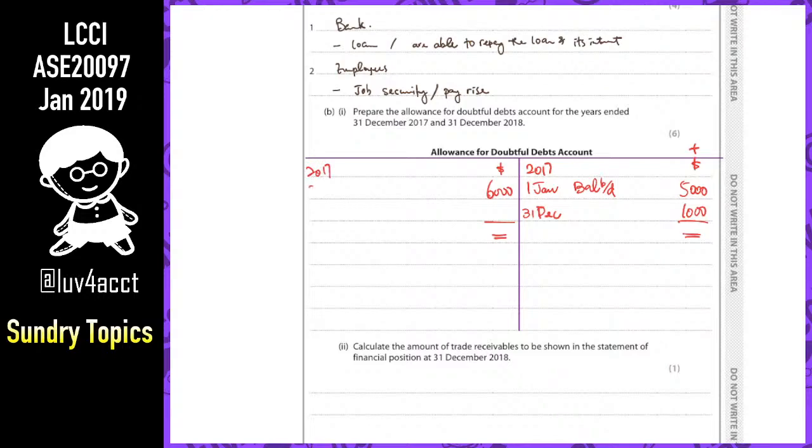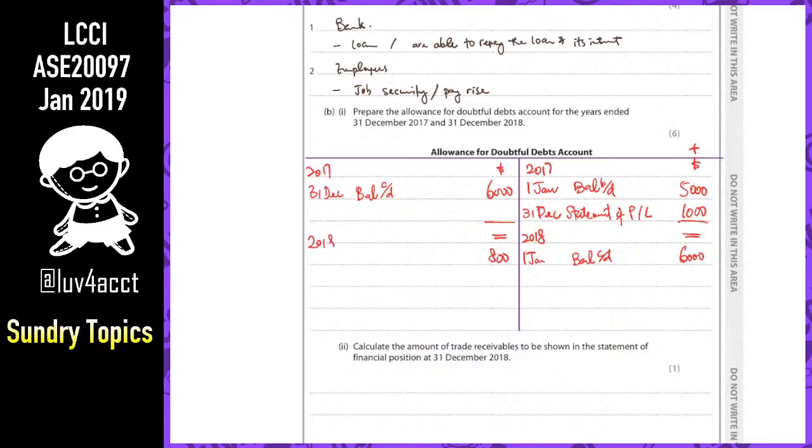Year 2017, 31st December, balance carried down. And here it is the statement of profit or loss. So this 6,000 goes down here. And then in the second year, year 2018, there is a reduction. So reduction goes into the opposite side, debiting.